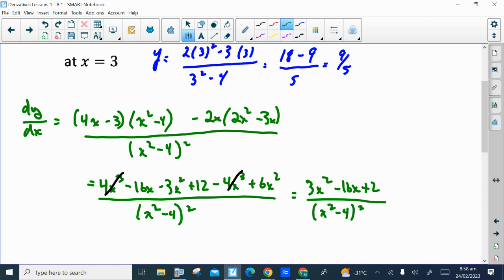And there's an expression for the derivative in simplest form.